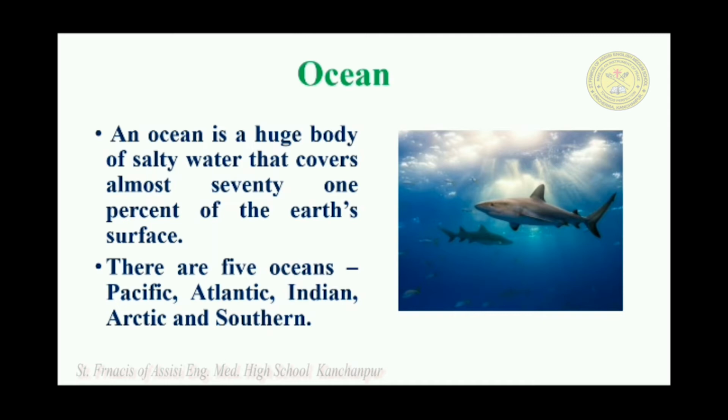So ocean also is a home to a large variety of aquatic animals such as fish, whale, octopus, lobster, shark, jellyfish, dolphin and seahorse. So these are all aquatic animals. They live in ocean.